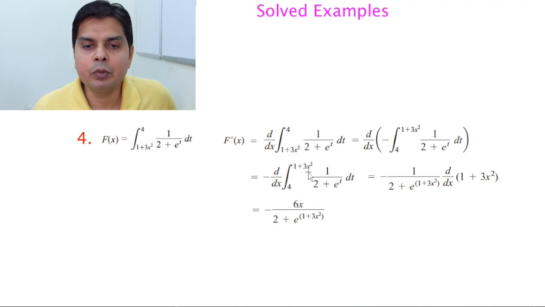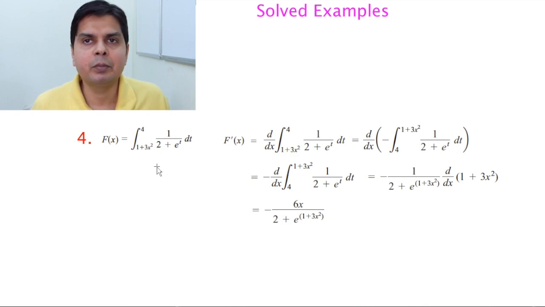After that, this is my upper limit, so I will differentiate using the chain rule. This will become minus 1 by 2 plus e to the power of, instead of t, the whole expression 1 plus 3x square. Now I differentiate 1 plus 3x square, and 3x square becomes 6x. So the answer will be minus 6x divided by 2 plus e to the power of 1 plus 3x square.